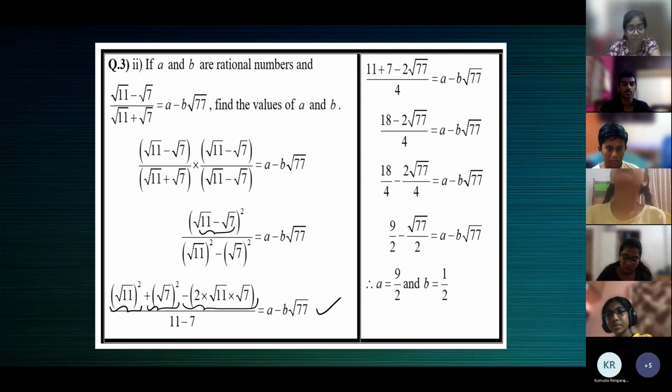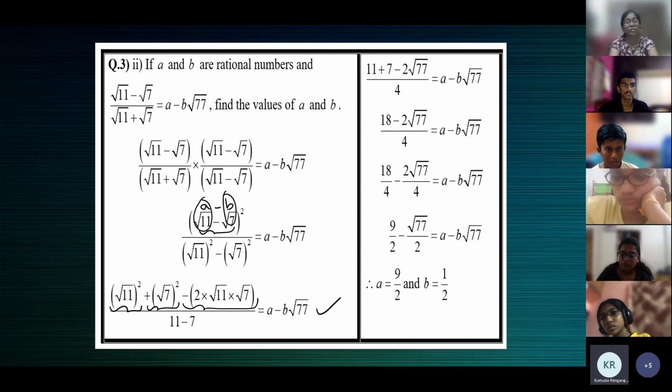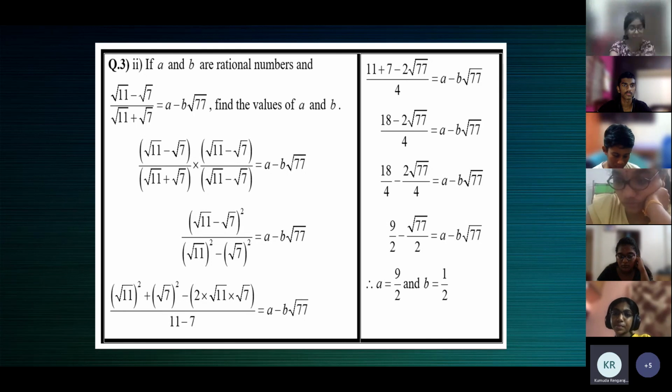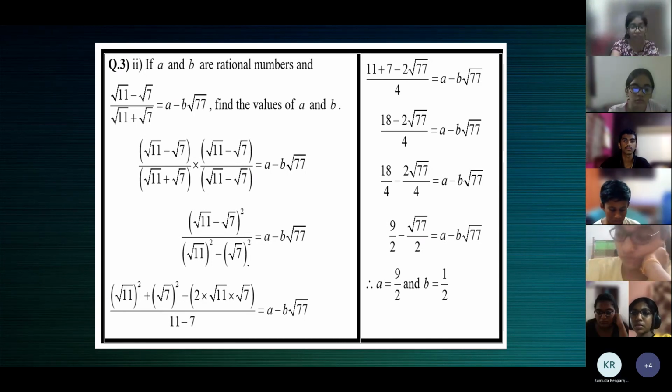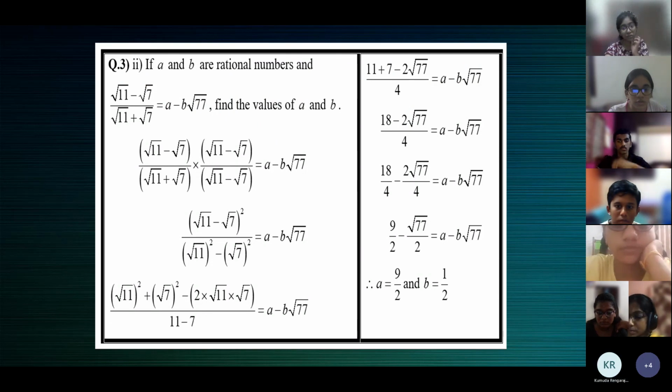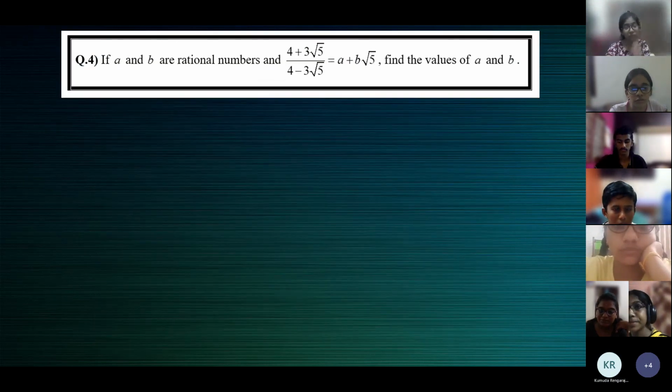This is a minus b the whole square, where a is root 11 and b is root 7. So a square plus b square minus 2ab. Yes, ma'am. Thank you. Take the screenshot, children. Please complete all this.